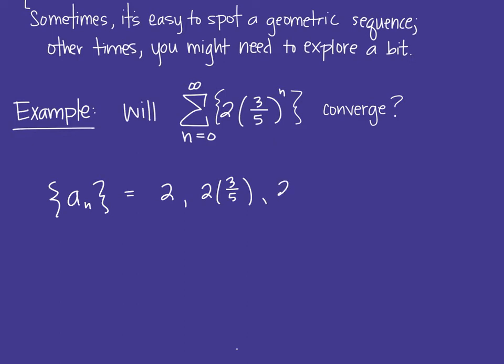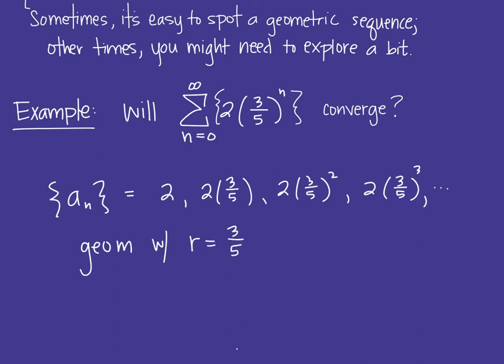My next one would be 2 times 3/5 squared. 2 times 3/5 cubed, etc. Is this or is this not geometric? It is geometric. What's the r? Right, the thing that's changing, the thing that's multiplying every time. And so this is geometric with r being equal to 3/5. And so according to the test, this will converge, because the r value is between -1 and +1.